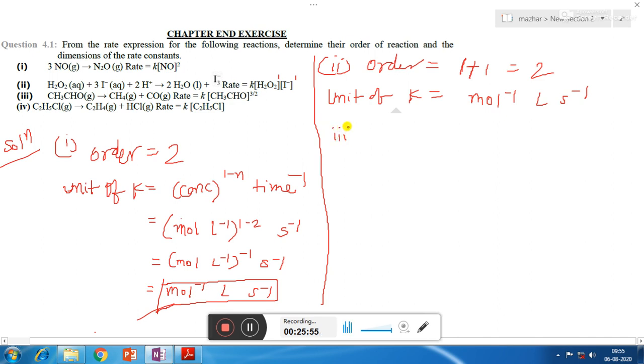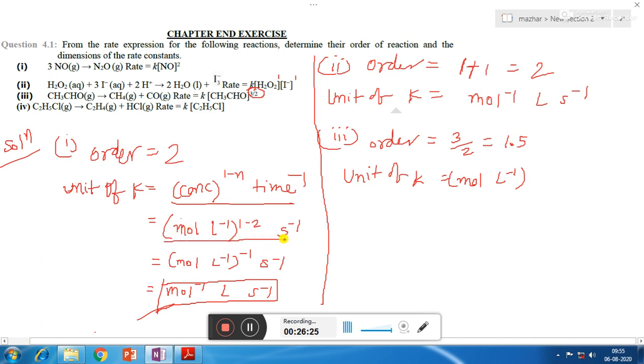Now in number 3, acetaldehyde is there, so rate equals K into acetaldehyde raised to 3 by 2. So the order of reaction is 3 by 2, that is 1.5. Now the unit of K equals mole per liter raised to 1 minus n, second inverse.